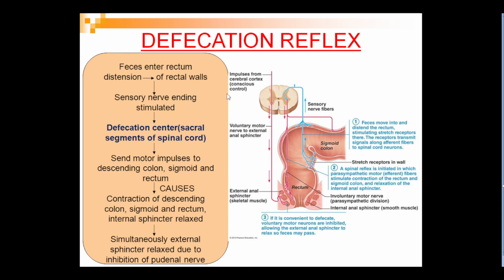And in this case, impulses should come from the brain cortex to the spinal cord, anterior horns, motor neuron, for the external sphincter to get open. So when there will be simultaneous relaxation of external and internal sphincter plus contractions of the rectum, this is when defecation will happen.